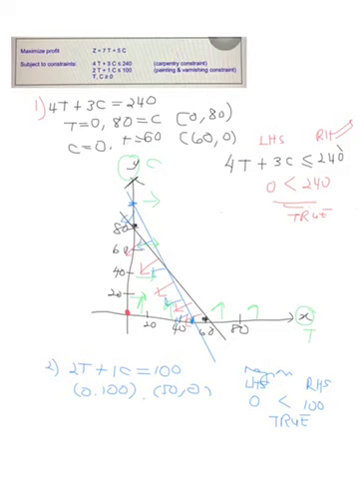Now we need to find the redundant region so that we know where the feasible region is. The redundant region is supposed to be this area, and this is your feasible region. So we can label this FR, feasible region.